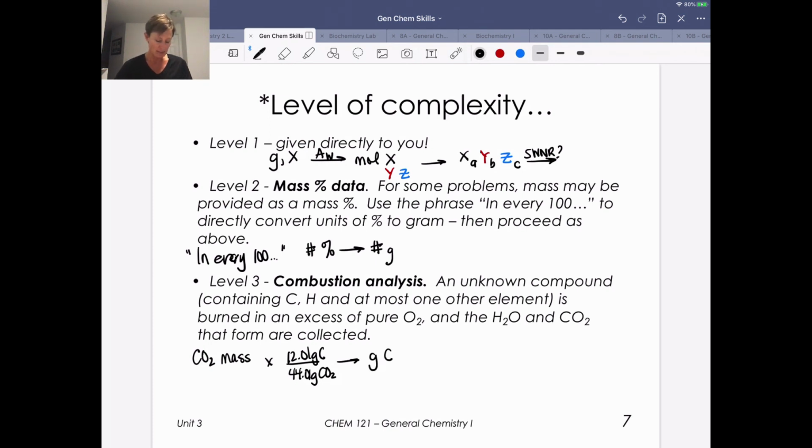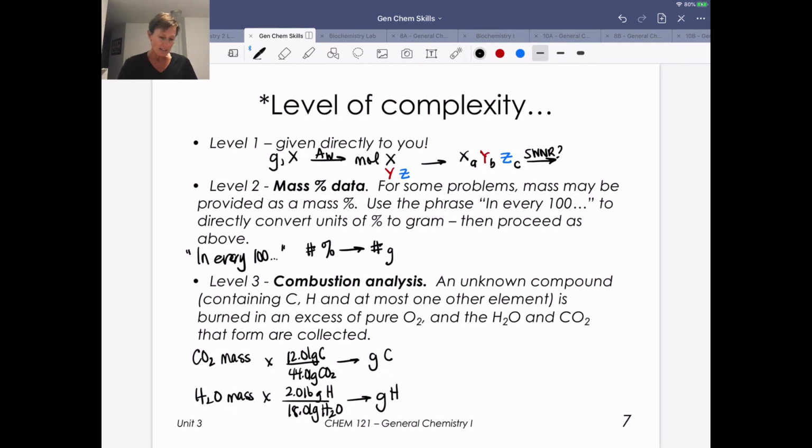I'm going to do the same thing here for the mass of water. But this time, the mass of water is 18.01 grams of water, 2.016 grams of hydrogen. You'll notice that this is actually twice what the periodic table tells me, but that's because there's that 2. That's why that's there. But this little unit conversion is going to get me to grams of hydrogen.